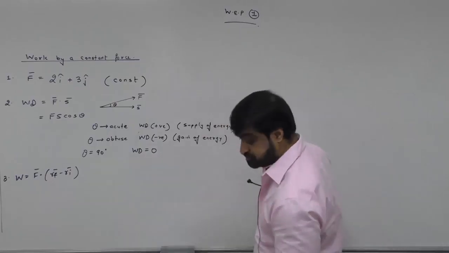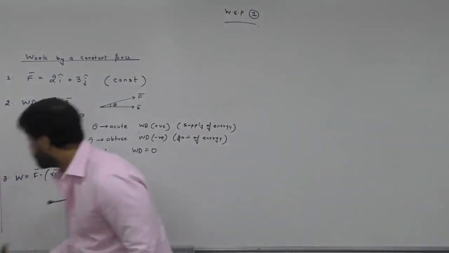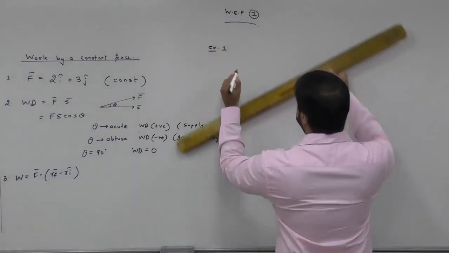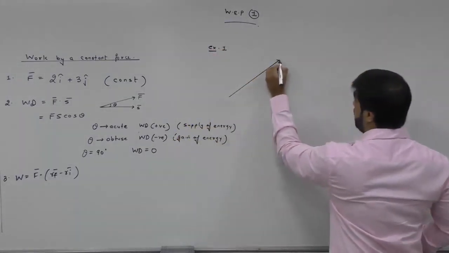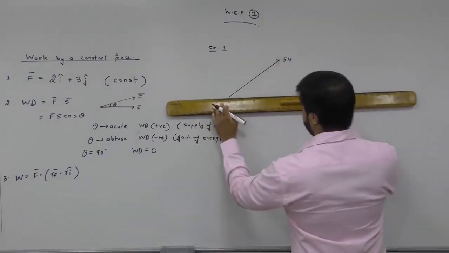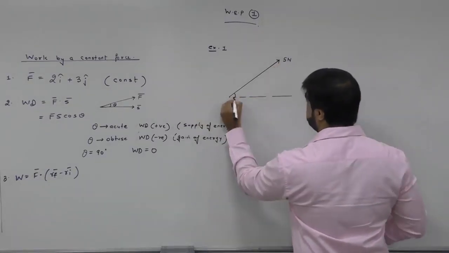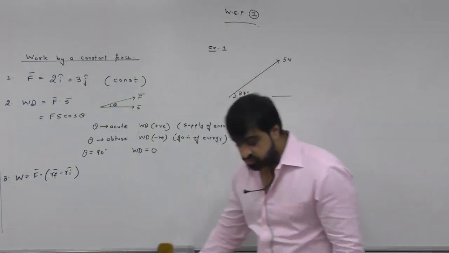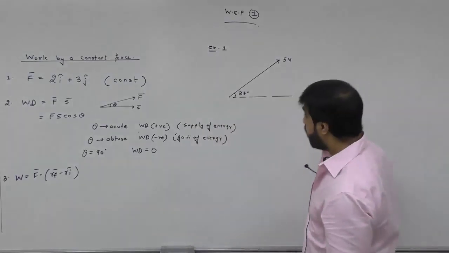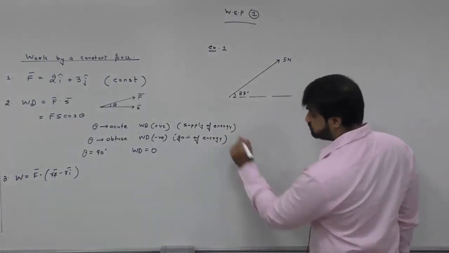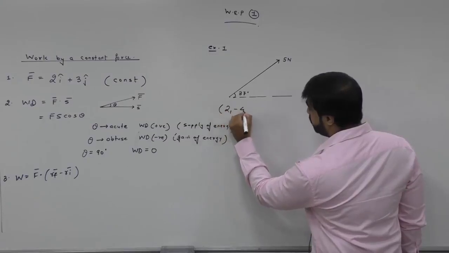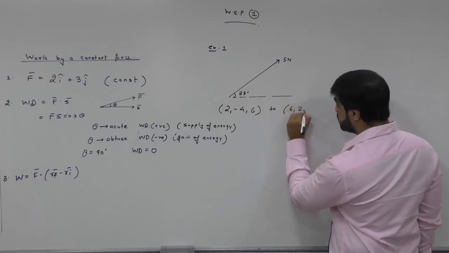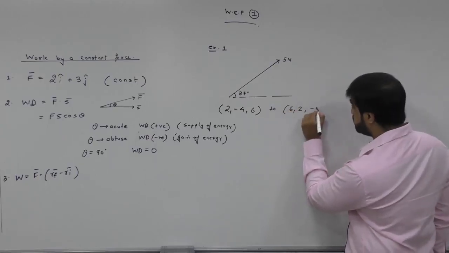Now we'll take a question. Example 1. There is a force of 5 Newton acting at 37 degrees with respect to horizontal, and the body is displaced from 2, minus 4, 6 to 6, 2, minus 2.